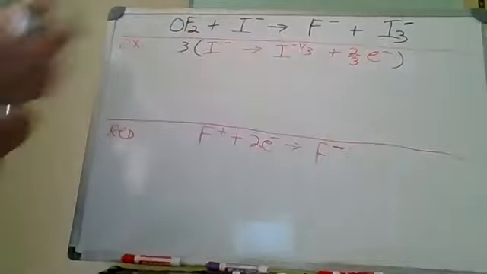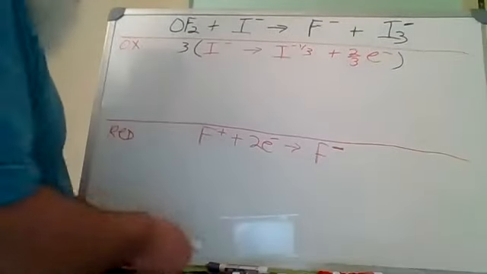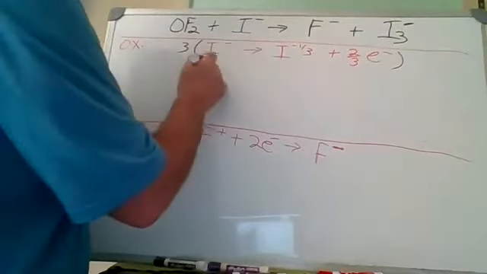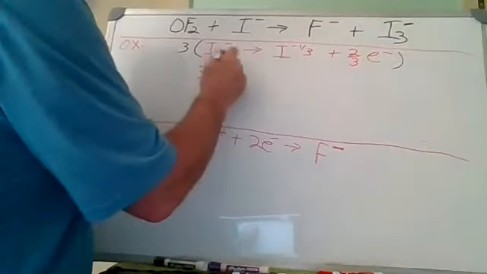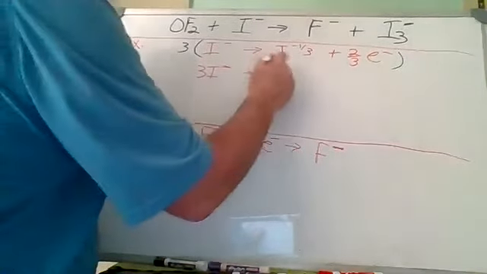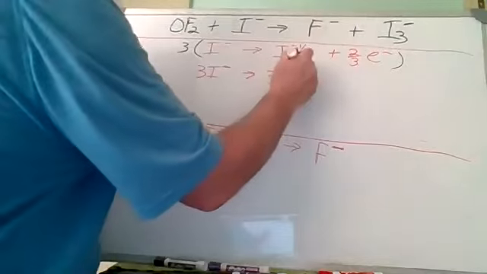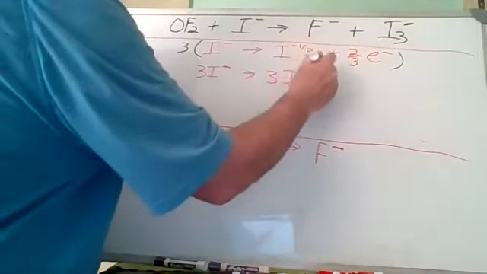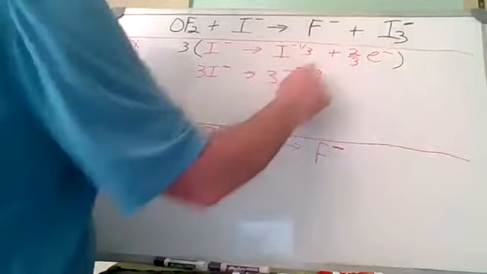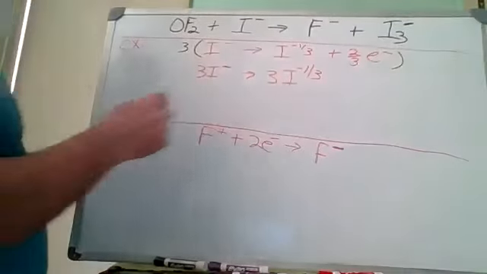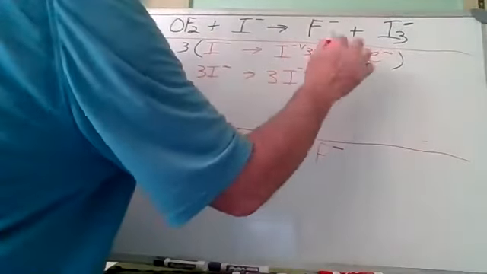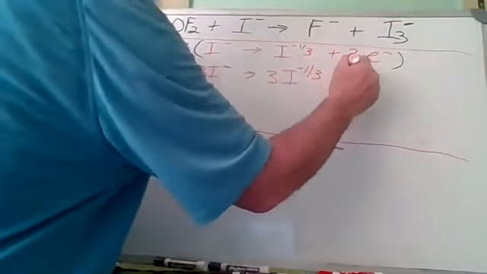So let's rewrite that out now. So 3 iodides give me 3 of these, plus 2 electrons.